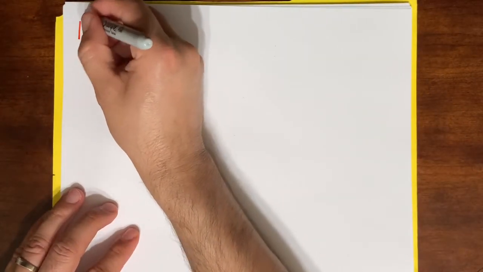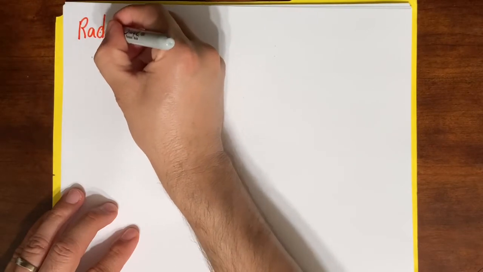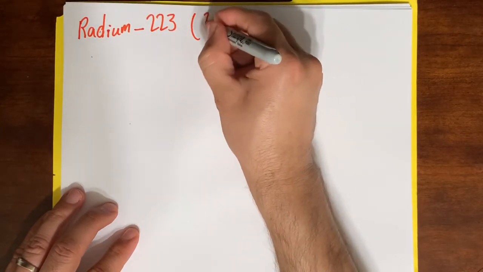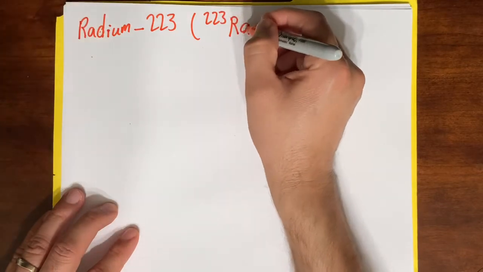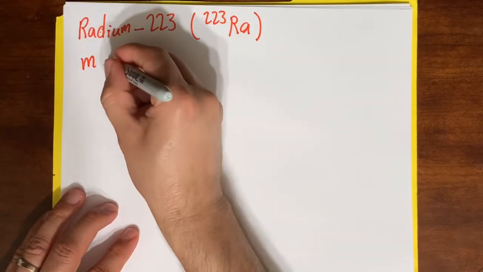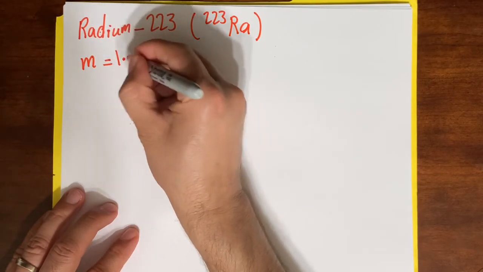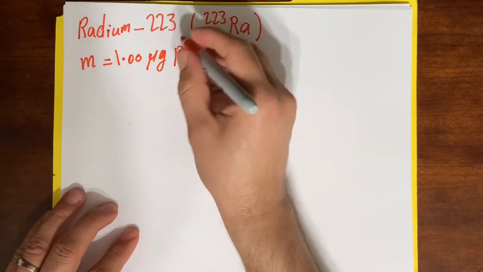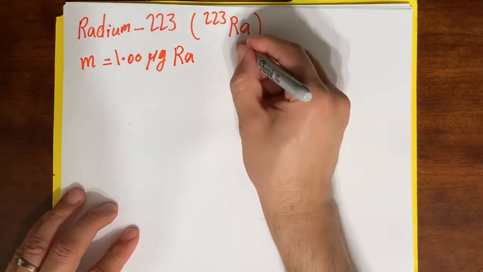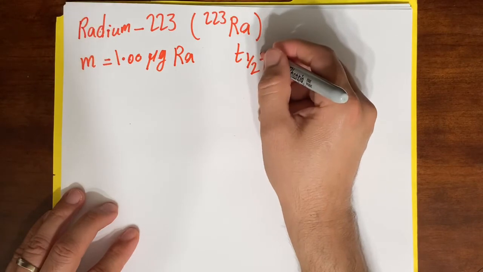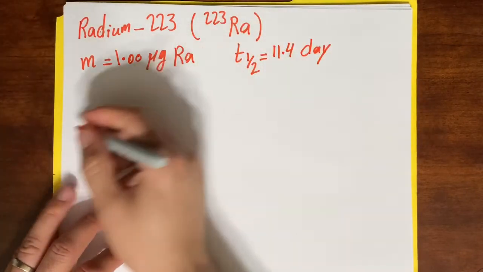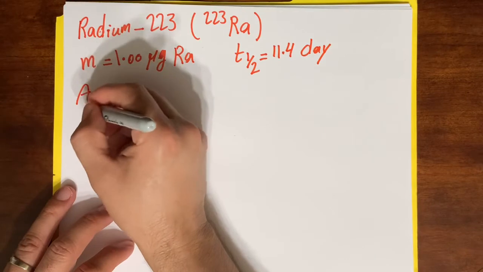So the question is, we have radium-223, which we show here as 223 Ra, and the mass is equal to 1.00 microgram of radium-223, and the half-life is equal to 11.4 days.